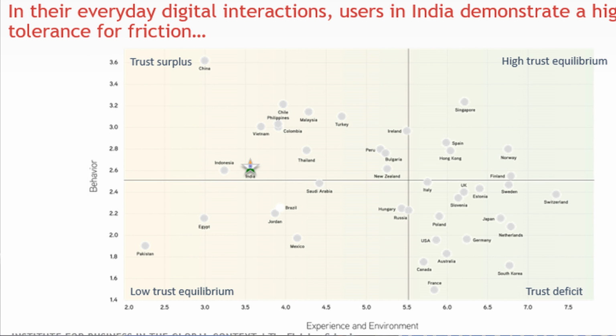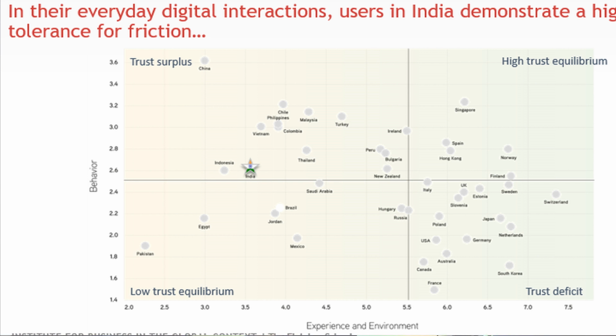And I will spare you from squinting your eyes at this very hard to read picture, but really that star that just came up is India right here, and on the vertical axis it shows behavior. So the further to the north you are, the more trusting your behavior is, and the further to the right you are, the more trustworthy your environment is.